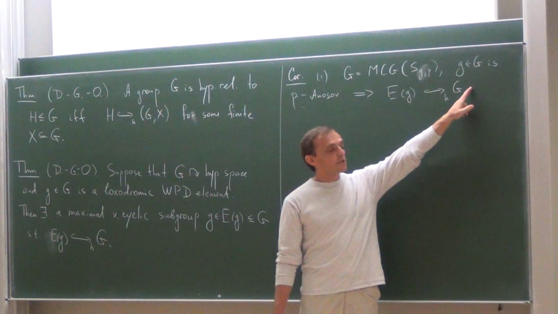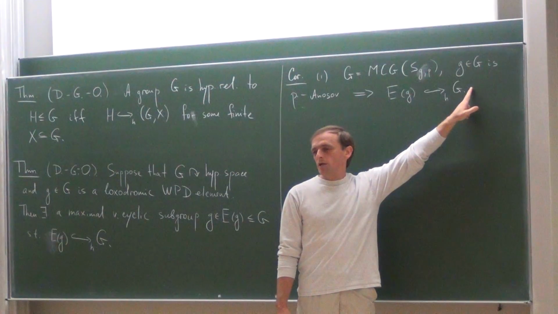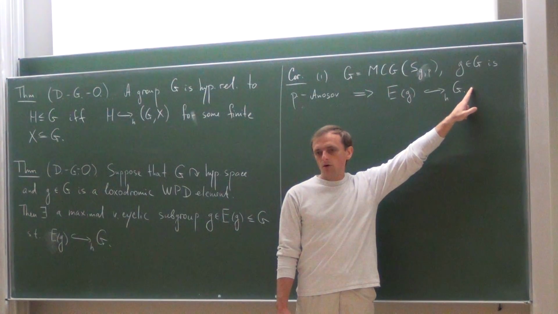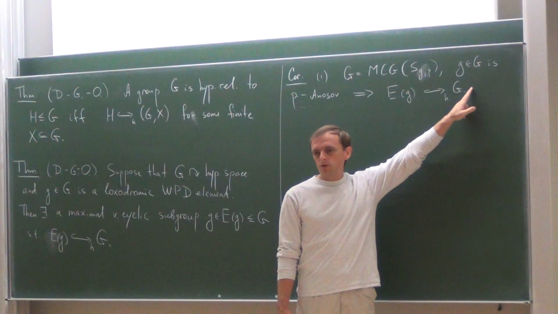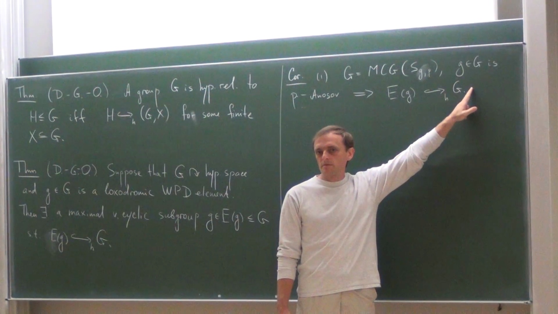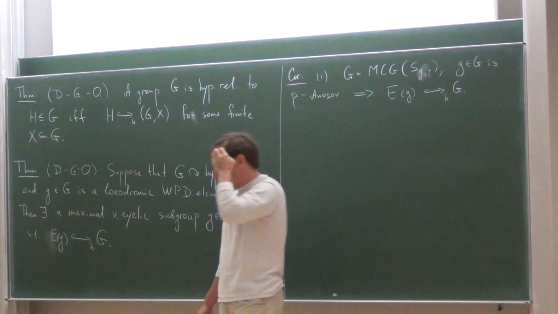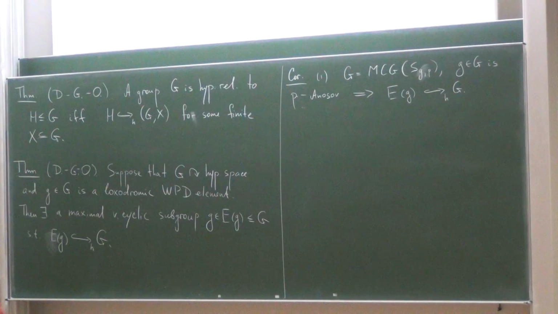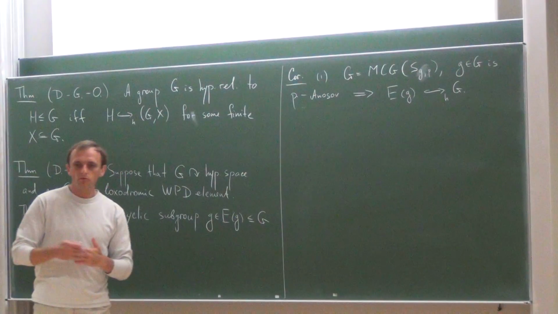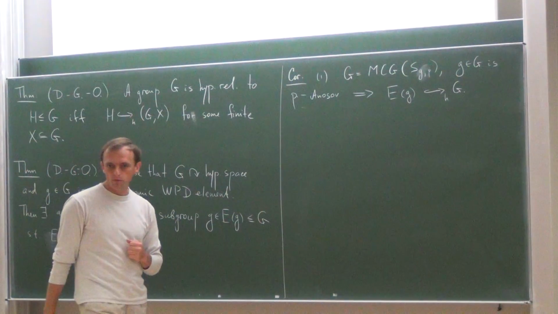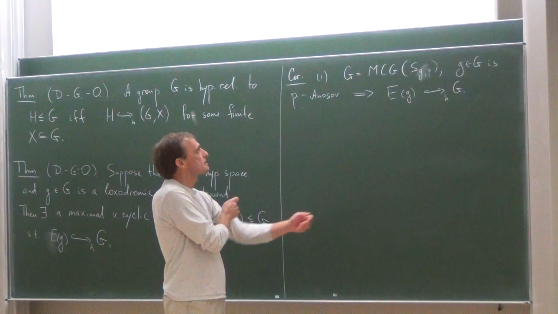You can ask what is the generating set here. Well, the generating set here will consist of stabilizers of all vertices in the curve complex. So there is a generating set of the mapping class group so that the corresponding Cayley graph is equivariantly quasi-isometric to the curve complex, and you just take that generating set.